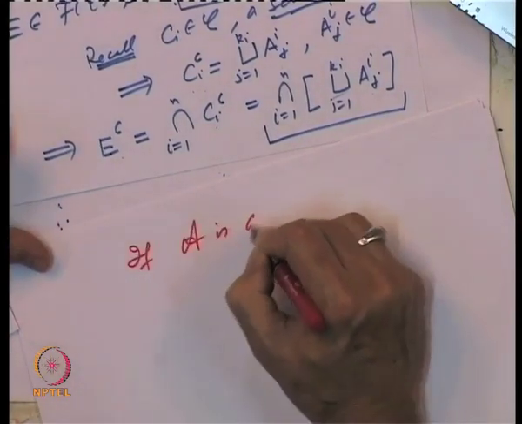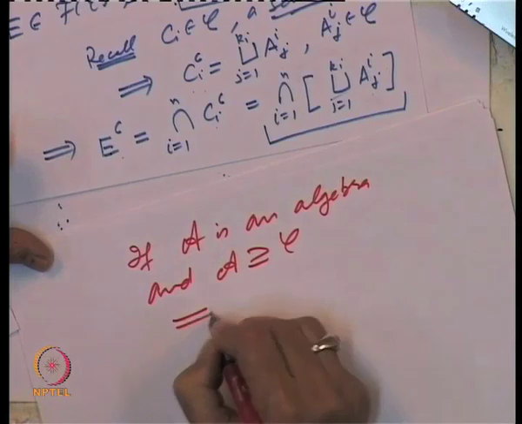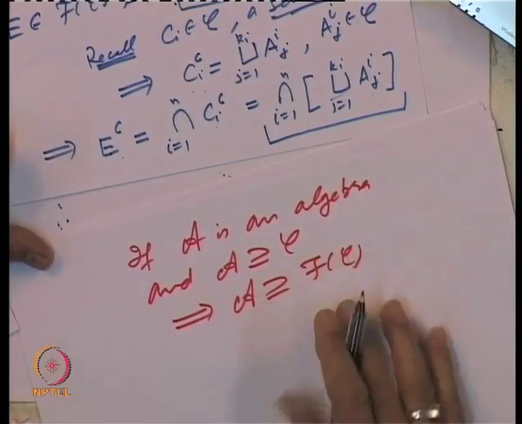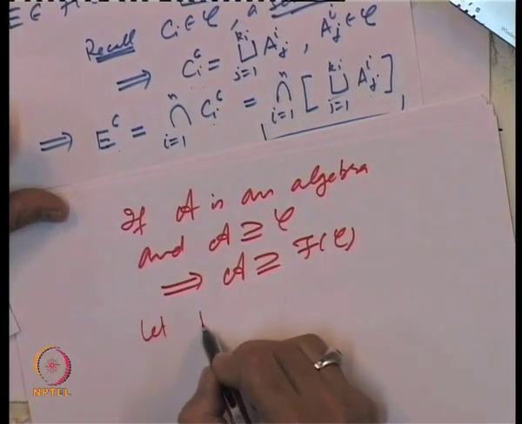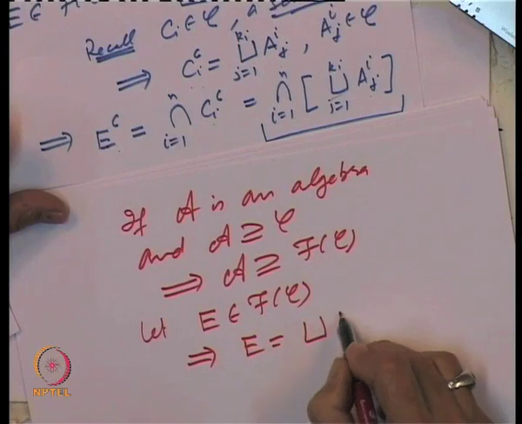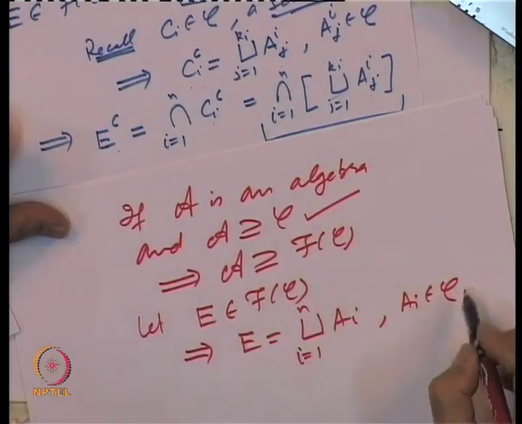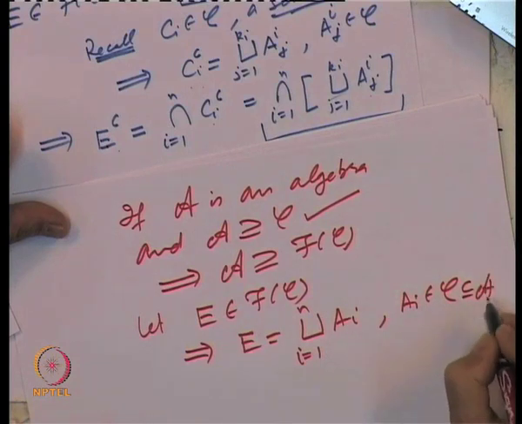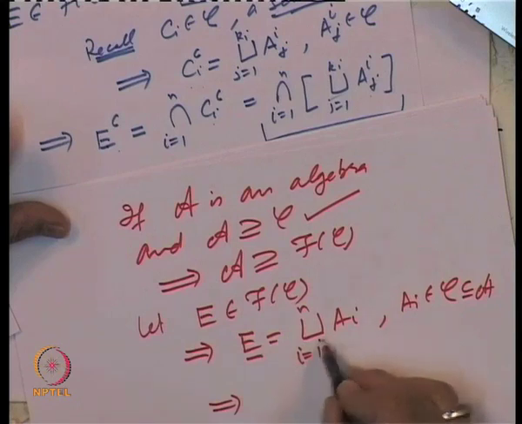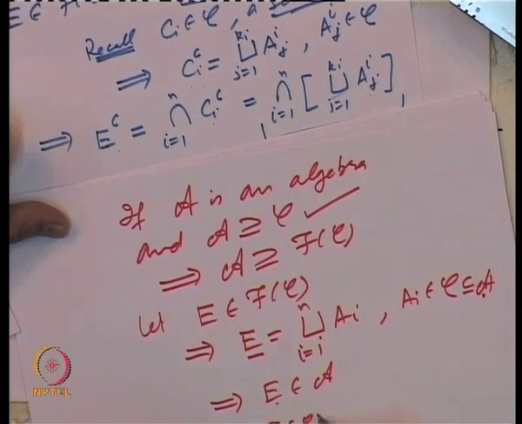To show that it is the algebra generated, we have only to show that if A is an algebra and A includes C, that should imply A includes f of C. Well, to prove that is obvious, because let E belong to f of C, but that will imply that E is a disjoint union of elements A i, where A i's belong to C and C is a subset of A. So, that implies that E is a union of some elements in A and A is an algebra, which means E belongs to A. So, hence f of C is a subset of A.